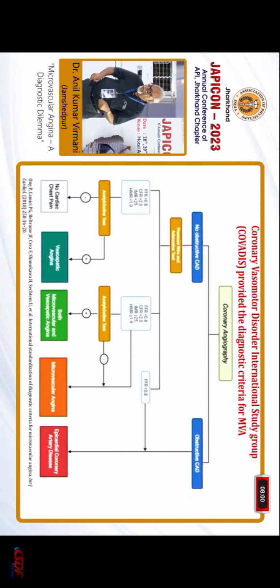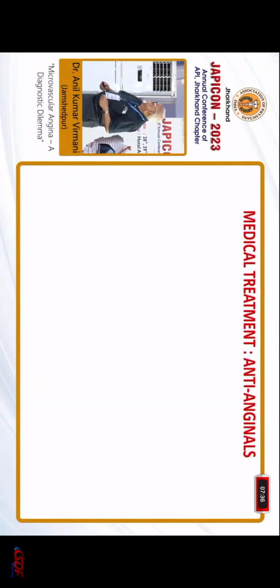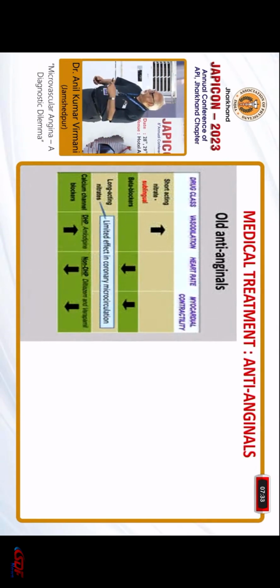And this is the ultimate algorithm, and you can then diagnose epicardial coronary artery disease, microvascular angina, or both, or microvascular plus vasospastic angina, or no cardiac chest pain, the patient is normal. So it's a very good way to do it, and the main thing is to look at the CFR after looking at the FFR.